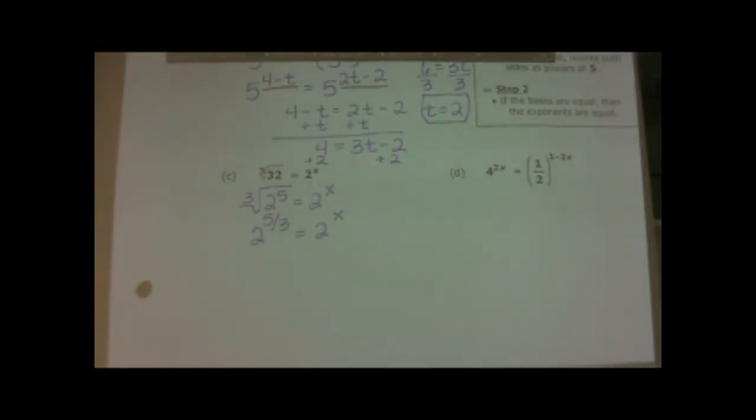Now, I'm just going to write this as an exponent, so in exponential form. So 2 to the 5/3 power equals 2 to the x power. I have the same base on both sides, so this exponent must equal this. And I have a simple answer of x equals 5/3.